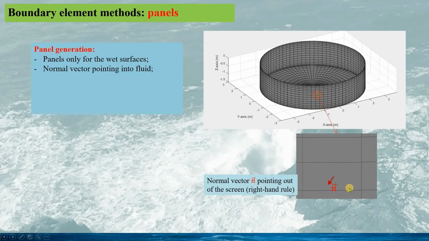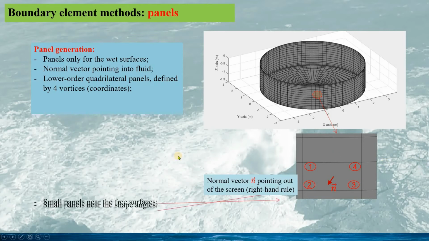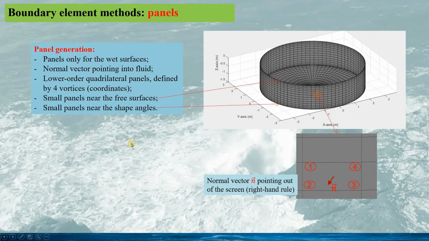See here, the normal vector is pointing out of the screen. The lower order quadrilateral panels are defined with 4 vertices for each panel, and the order of the vertices is determined using the right-hand rule. See here. Fine panels should be generated near the corners and near the free surface.